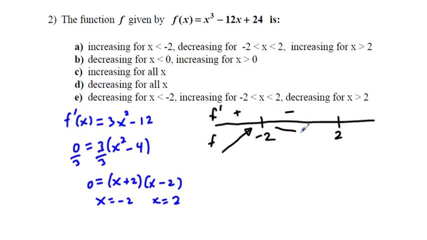So our function is decreasing between -2 and 2. And then to the right of 2, say 3, we have positive times positive. So our function is increasing. So our function is increasing for x less than -2, decreasing between -2 and 2, and increasing after 2. So it looks like A is going to be our correct answer. And so that's our justification.